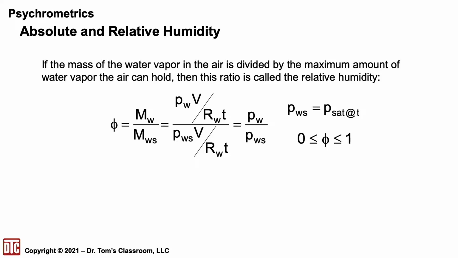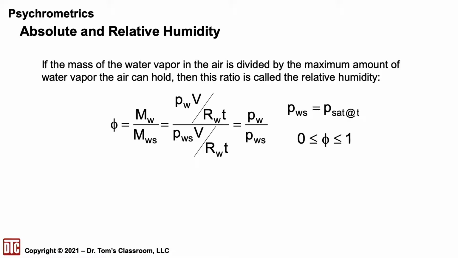If the mass of water vapor in the air is divided by the maximum amount of water vapor the air can hold, then we can talk about relative humidity. It's relative to what's the maximum amount of water vapor the air can hold. How saturated is the air mass, in other words. And so phi is the ratio of the mass of the water vapor that we have divided by the mass of water vapor at saturation.